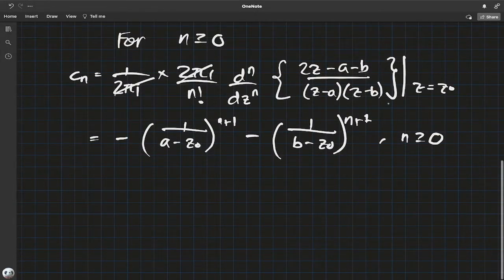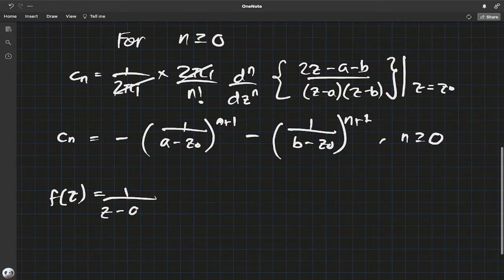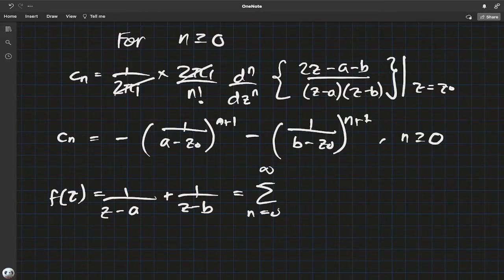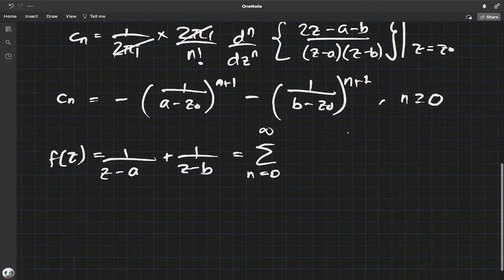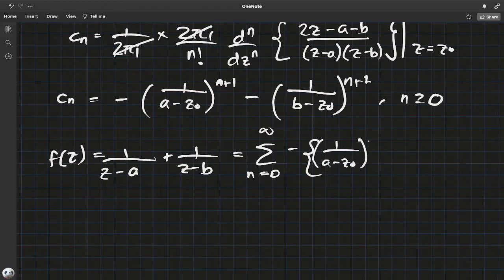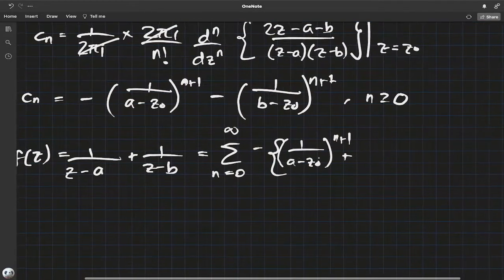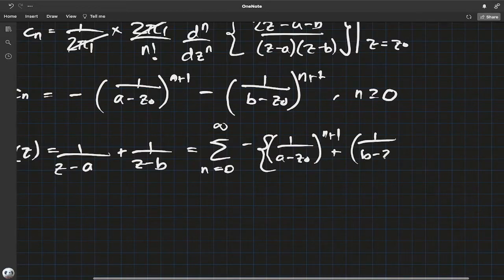For the greater than or equal to case we have some finite value for this coefficient, which means we can represent f of z, which is nothing but 1 over z minus a plus 1 over z minus b, as the sum from n equals 0 to infinity, using the definition of the general Laurent series, of 1 over (a minus z0) to the n plus first power, plus, I've taken the negative outside, 1 over (b minus z0) to the n plus first power.